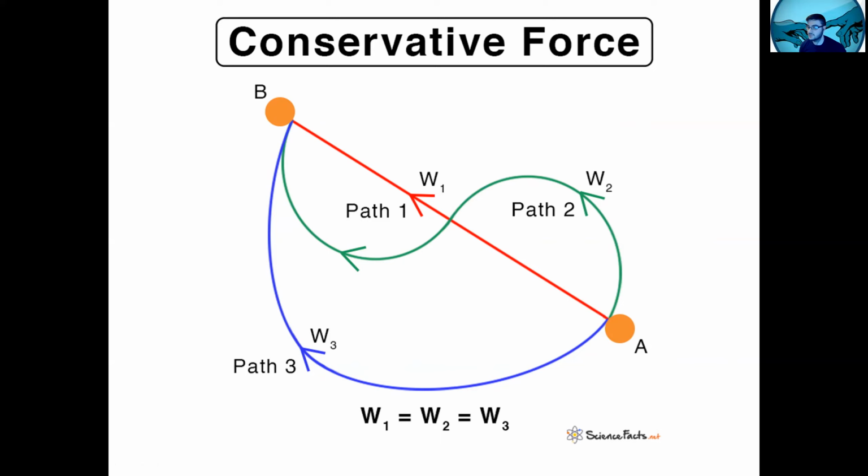As you would expect, it would be a little bit harder, and you'd be doing more work on the object, because you're moving a longer distance. Same thing if you took path C. So a non-conservative force like the applied force, the tension on a string, or friction depends on which path you take to get from A to B. Whereas with something like gravity, it doesn't matter which way you go, it's the same amount of work being done regardless. So that's an important distinction.